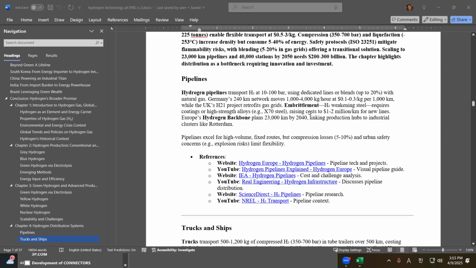And for embrittlement, we need a very special coating inside the pipeline, the pipe, to prevent the penetration. So we could not use the conventional metal type pipeline.